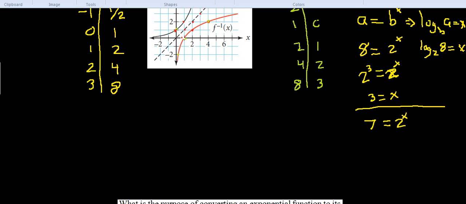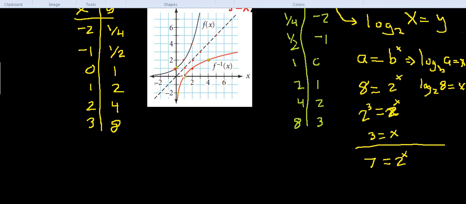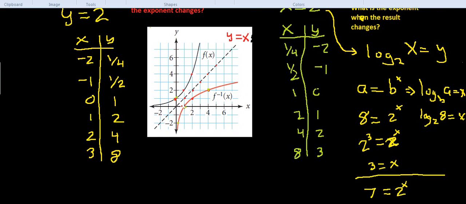Well, if we refer back to our table over here, we know that our output 7 is going to be between 4 and 8. So we know our answer should be between 2 and 3. And it's going to be a decimal, a rational exponent.